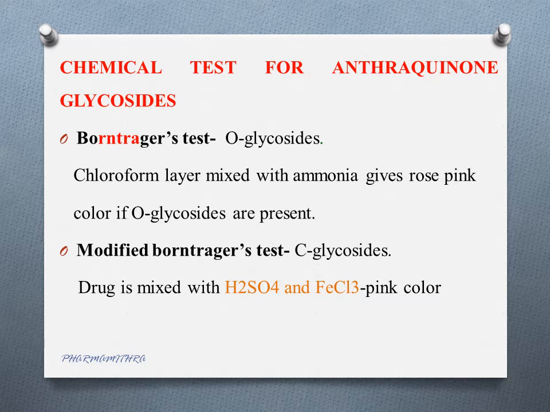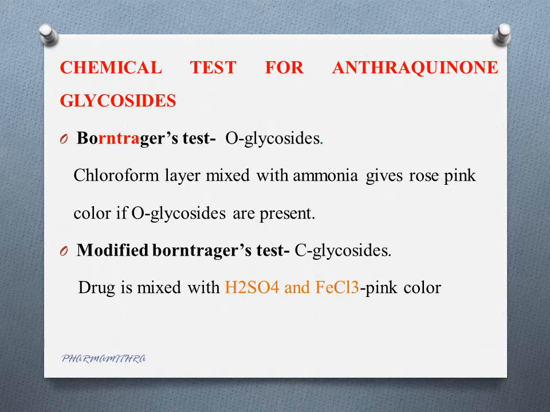So prepare like that. The difference between Bontrager's test and modified Bontrager's test is that they distinguish the different types of glycoside available. Bontrager's test is done to detect O-glycoside, and modified Bontrager's test is done to detect C-glycoside.